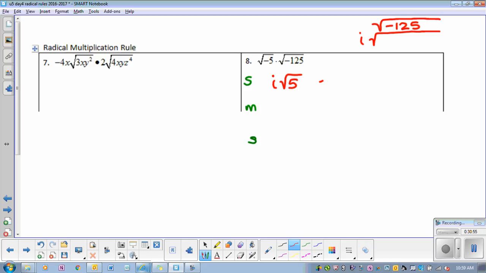What are the two numbers that multiply to give you 125? 5 and 25. Then this 25 can be broken down into 5 times 5, and then we have this other 5. Good. So 5i root 5.